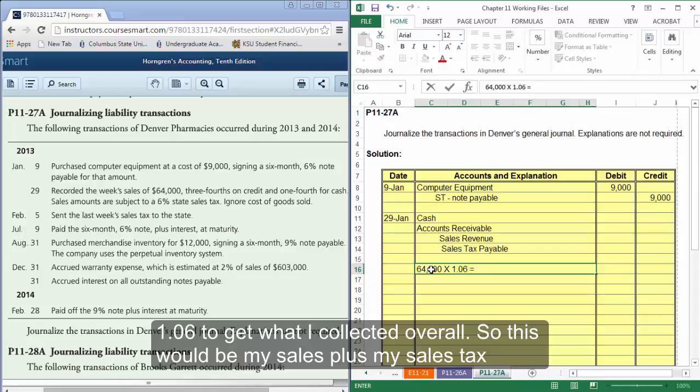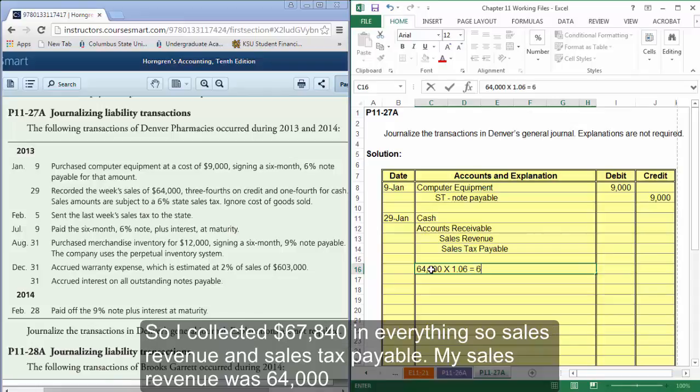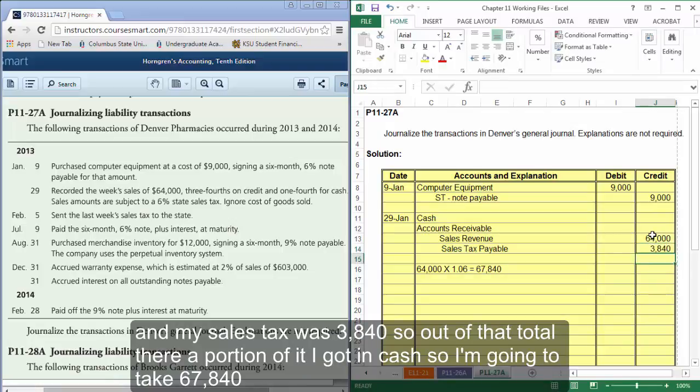So this would be my sales plus my sales tax. So that's going to be total is 64,000 times 1.06. So I collected $67,840 in everything. So sales revenue and sales tax payable. So my sales revenue was $64,000 and my sales tax is $3,840.